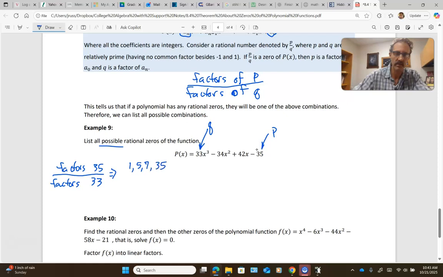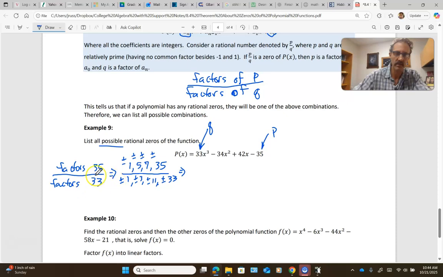But guys, all of these can actually be both positive and negative. That's why the sign doesn't matter over here. And then furthermore, factors of 33, well, all these can be either positive or negative as well. So 1, 3 is a factor, 11 is a factor, and then 33 is a factor.